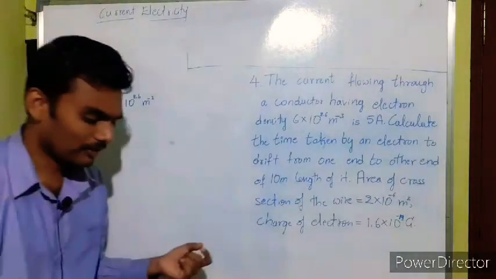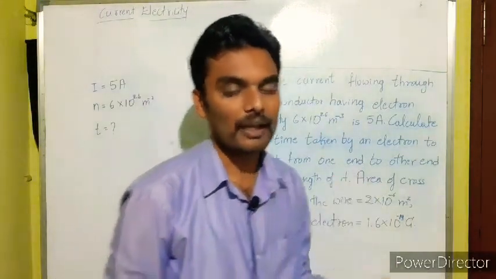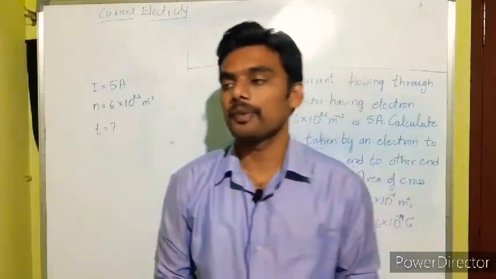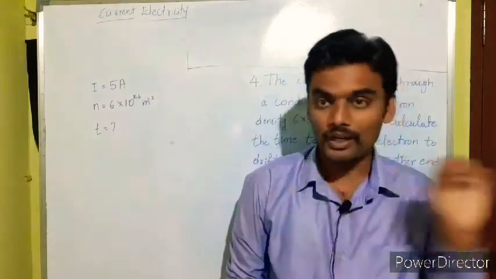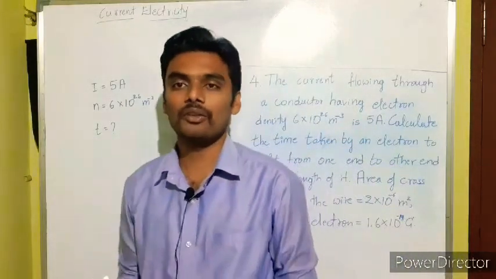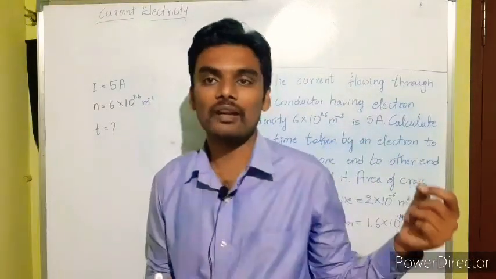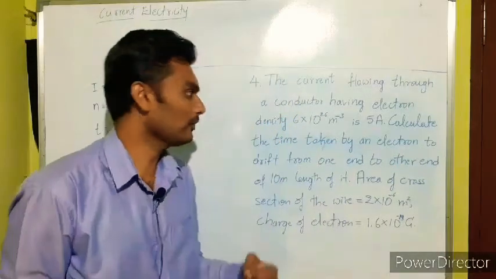Now this is a basic formula from first year mechanics, where in kinematics, the motion in 1D, we simply take velocity given by distance traveled by time taken, or displacement by time taken.